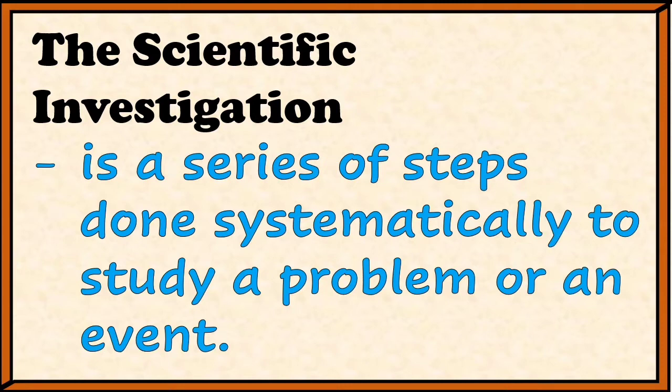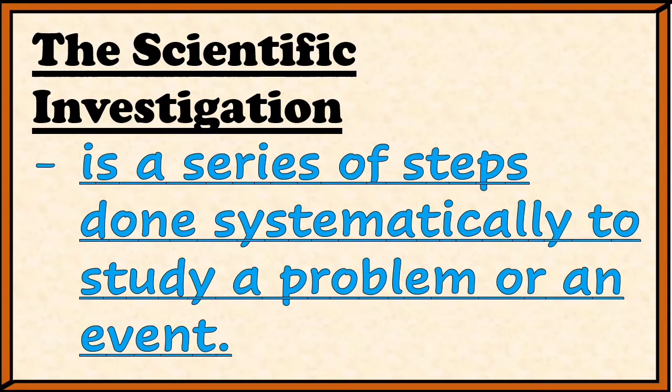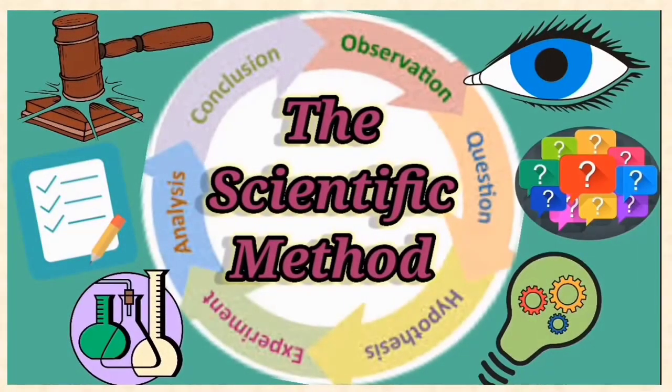The scientific investigation is a series of steps done systematically to study a problem or an event. Or it is a quest to find the answer to a question using a scientific method.